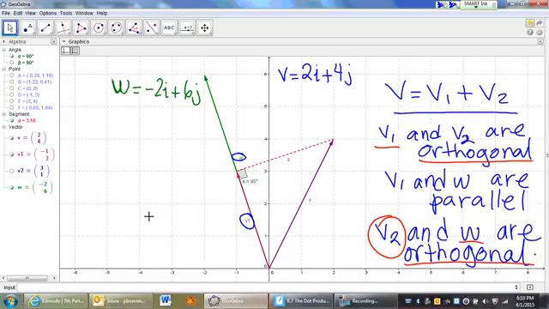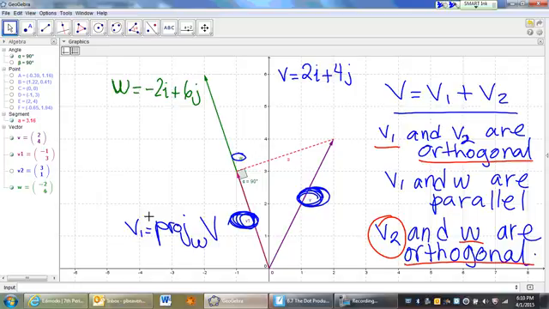Then I corrected myself and said that this vector and this vector will have the same magnitude. Now, as I was going through the graphing process, I realized that was a huge mistake. This is a right triangle, so of course this side does not have the same length as this one. This one is longer, so I'm going to correct myself again and tell you that V sub 1, which is the projection of vector V onto W, does not have the same magnitude as vector V. Okay, so just so you know.